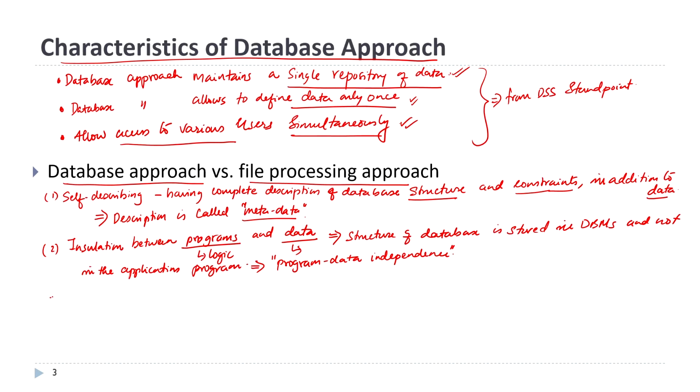The third one is insulation between programs and operation, not data, operation. Okay. So, program is again logic, and operation is the sequence, the way in which you are operating the program.